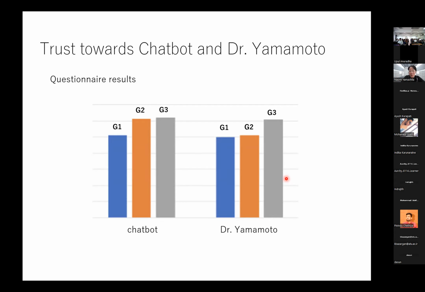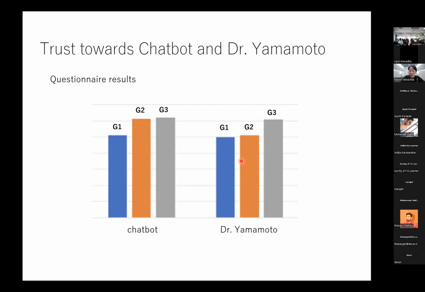Now here are the results. This is only a questionnaire result, which asked about their trust level towards the chatbot and Dr. Yamamoto. Oh, sorry, I forgot to put the y-axis, but basically it's from 1 to 5, where participants were asked to give scores about how much they trusted the chatbot and Dr. Yamamoto.